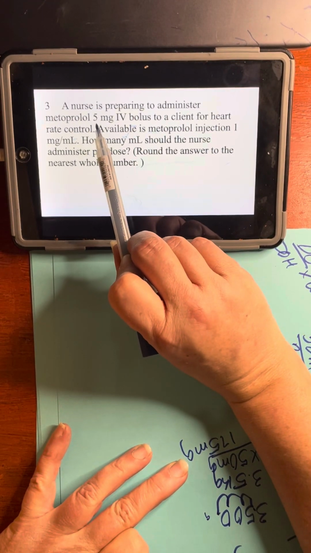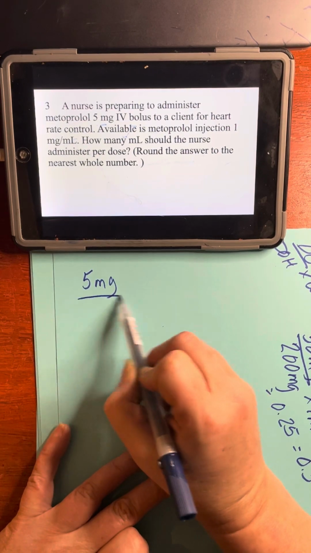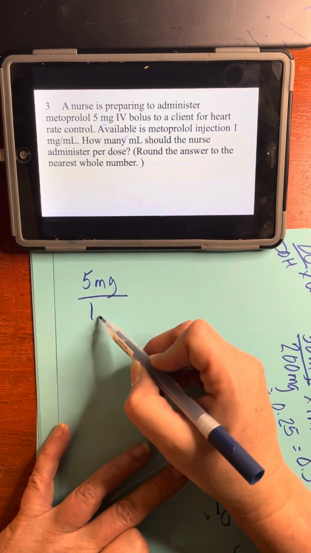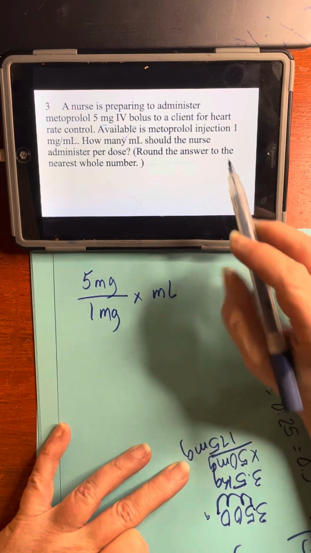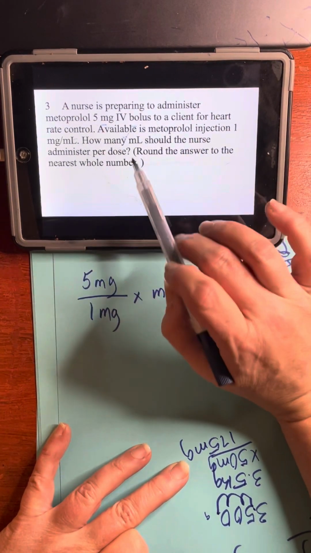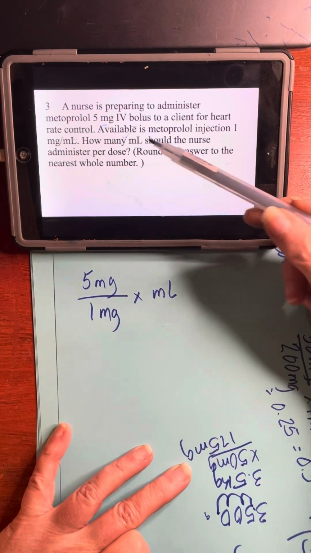So what he wants is 5 milligrams, and what we have is 1 milligram per milliliter. Now, I realize it says 1 milligram, and you're thinking, well, they want 5. That's not going to be enough.